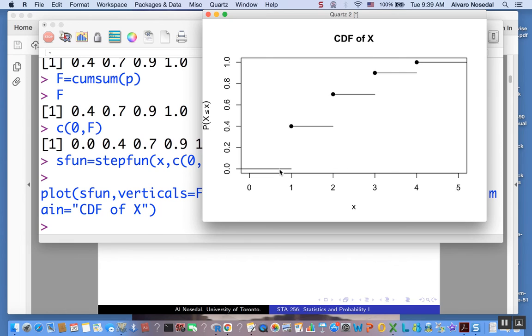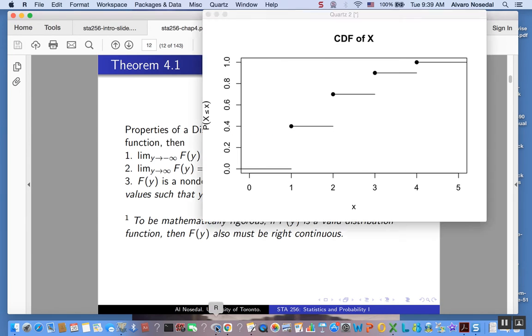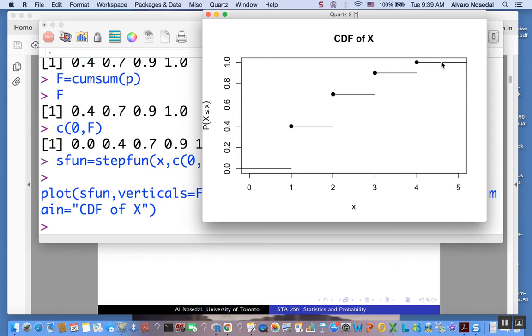If you go way to the left, as y goes to negative infinity, that's a behavior that you will observe in a legit CDF: the CDF will be 0. That's property number 1. Property number 2: if you go way to the right, as y goes to infinity, the value of the CDF will tend to be 1.